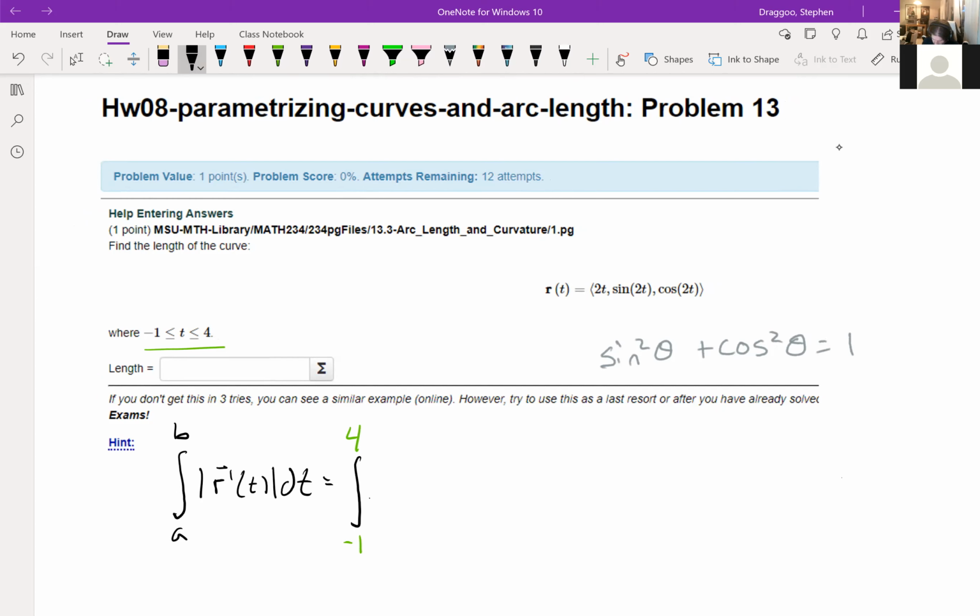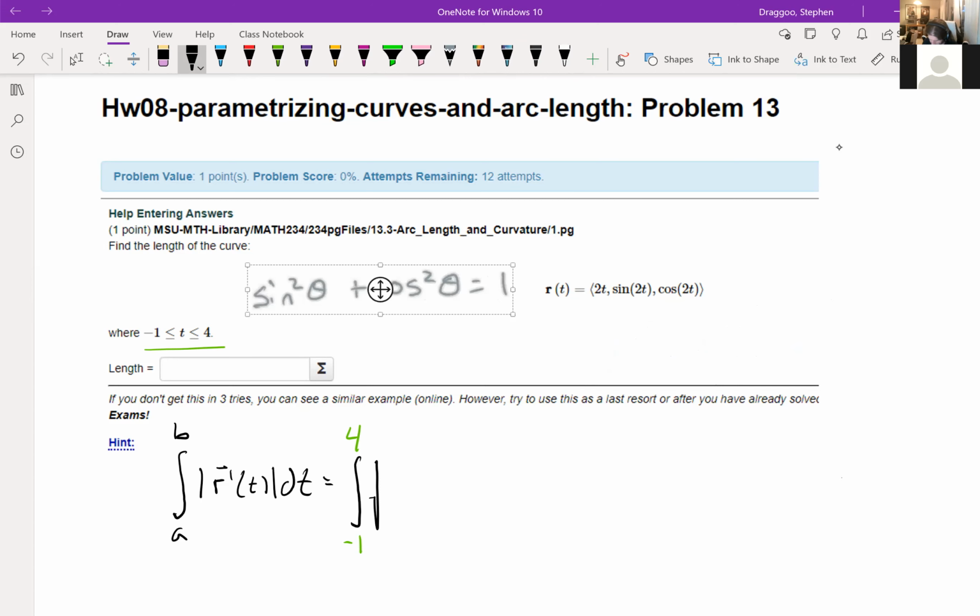Then I'm going to get the square root of a whole mess. I'll just put the top on later because I don't know how long this thing's going to be yet. I need my derivative vector. So let's move this thing out of the way. Maybe make it a little smaller because I'm going to come back to it later. But let's come up here, calculate r prime of t.